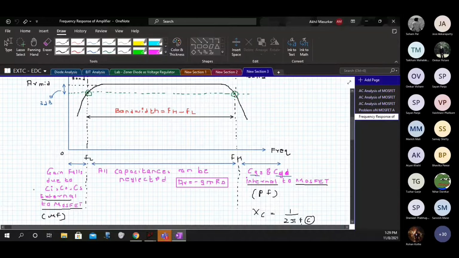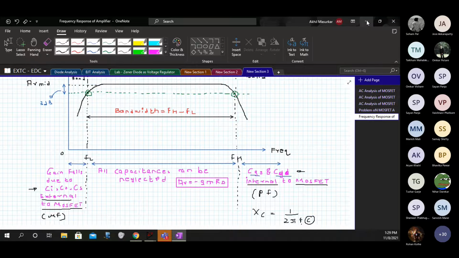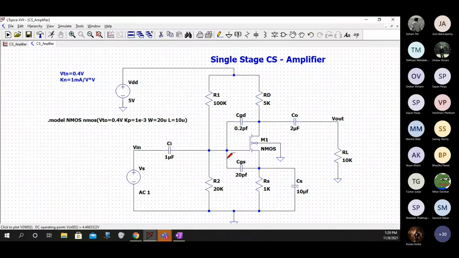Ci, C0 and Cs are responsible for this fall in gain at low frequency, and CGS and CGD are responsible for the fall in gain at high frequency. Since earlier we had not included them, we did not get a fall at high frequency. But now since you have included them, we will see something.